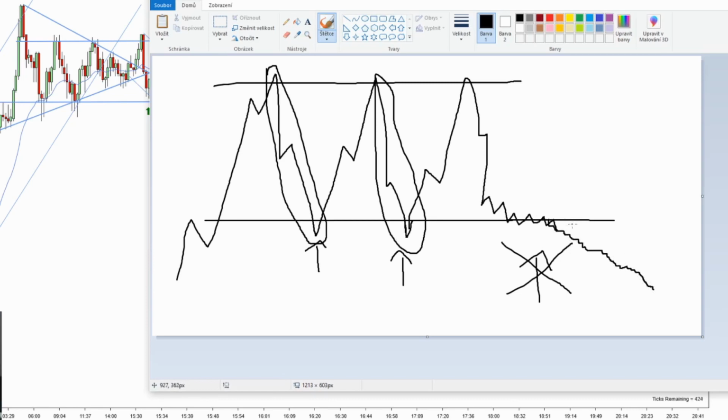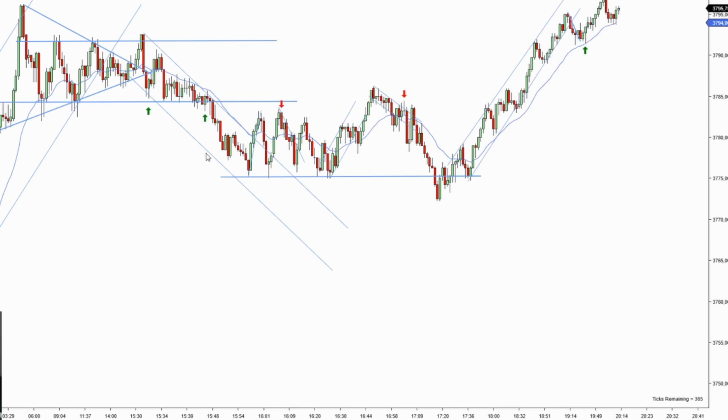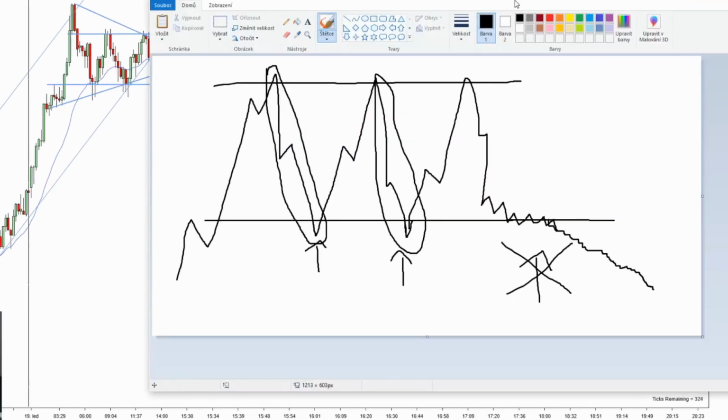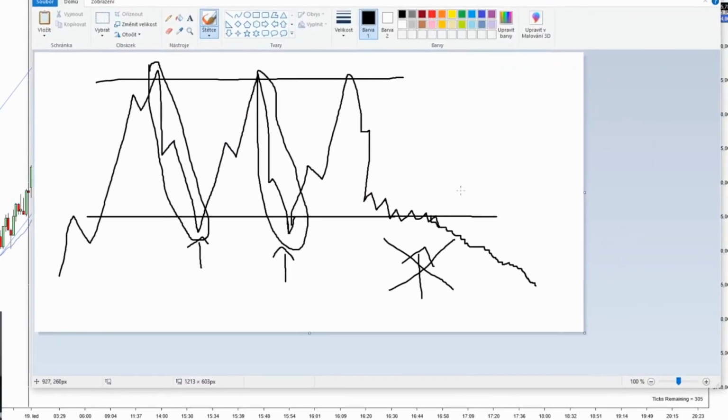And what a lot of people will do, luckily I didn't do this today, but I remember doing this once when I blew my account when I started out. I was trying to buy here and here and here. And the way your psychology works is once you're trying to go long each time, you no longer pay attention to the downticks.